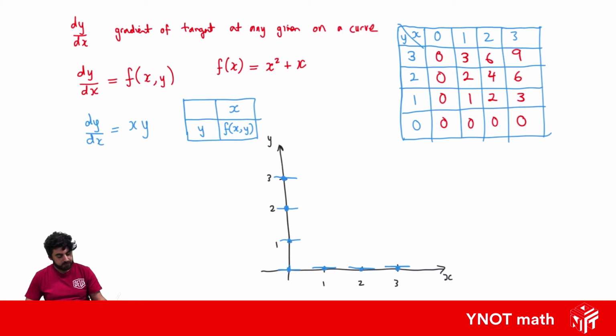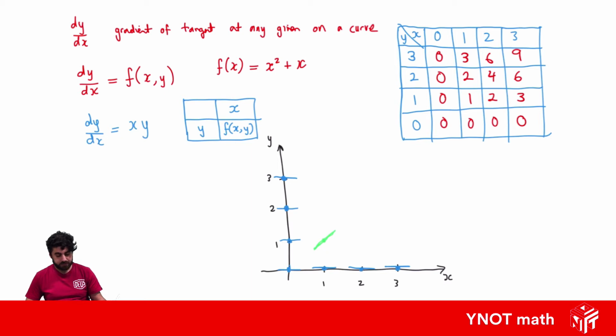Now, at 1, 1, we have a gradient of 1, which is a 45-degree angle. So at this point here, we've got a 45-degree angle gradient.